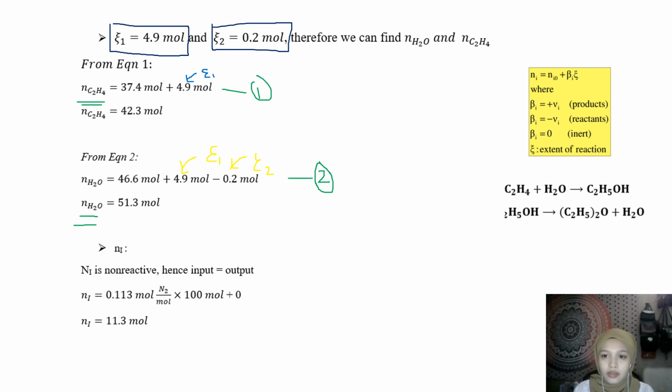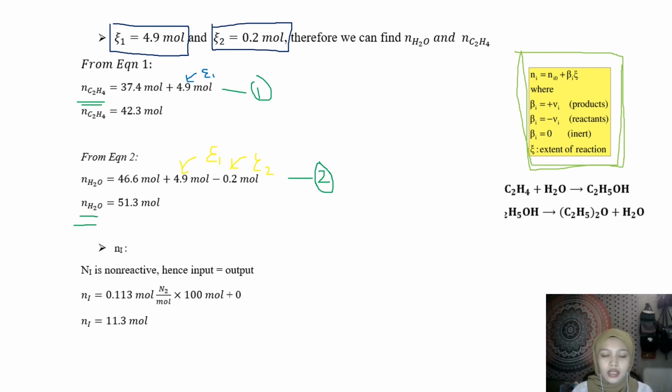And from general knowledge, we know that the extent of reaction value for the inert gas is 0, because the inert gas is a non-reactive species, hence the input is equal to the output.